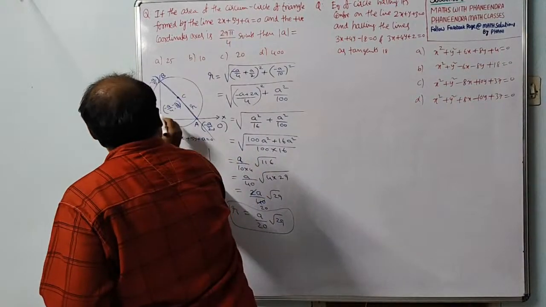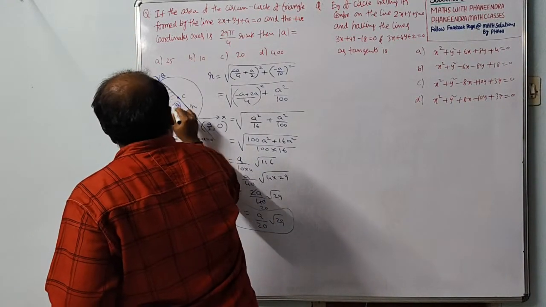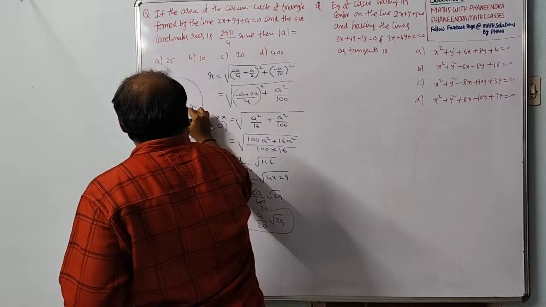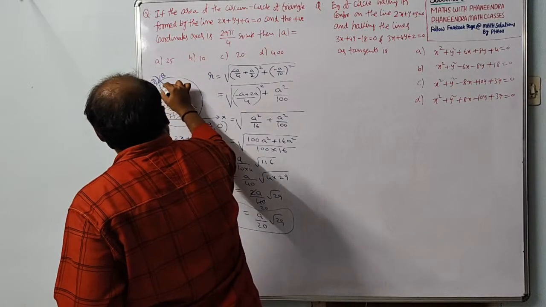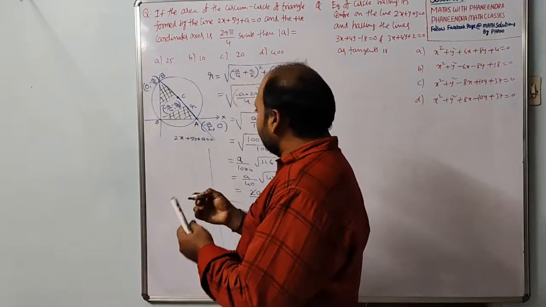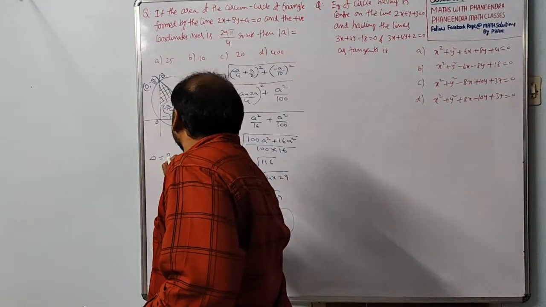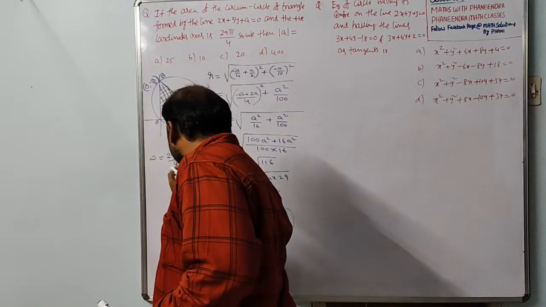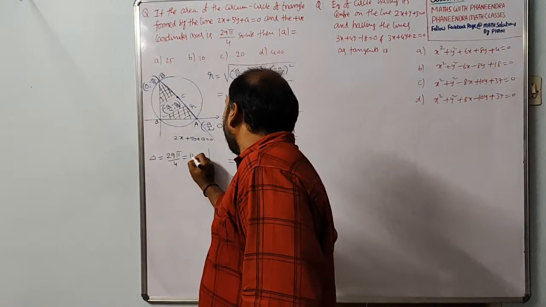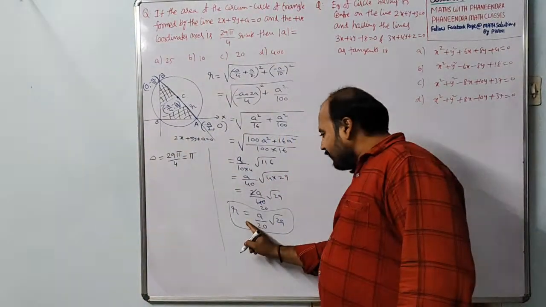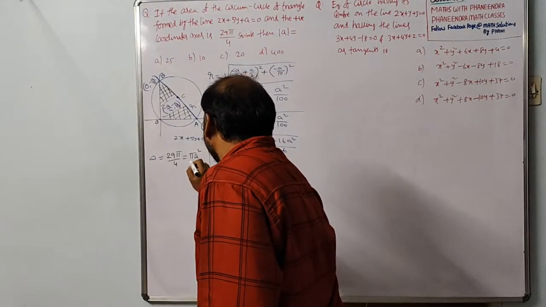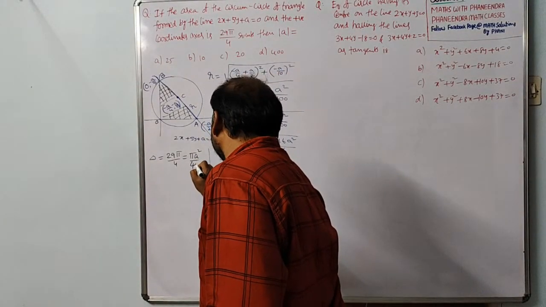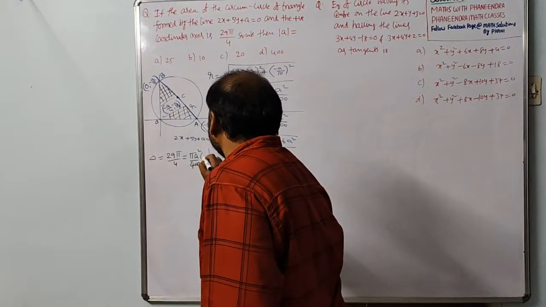This area is given as how much units? This area is given as delta is equal to 29 pi by 4. So which is equal to pi r square only, no? Pi r square. If you do that square for this, a square by 20 whole square is 400 into root 29 whole square is 29.